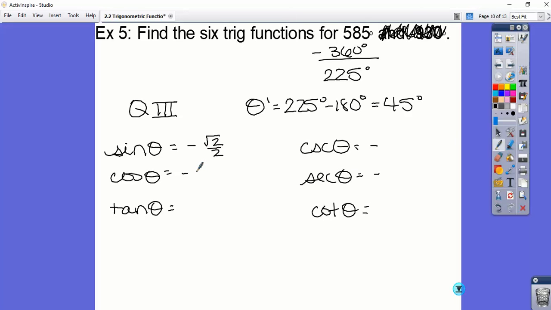Cosine is radical 2 over 2. Tangent is 1. Then we just do reciprocals. Reciprocal of radical 2 over 2 is just radical 2. And reciprocal of 1 is 1. Any questions on this?